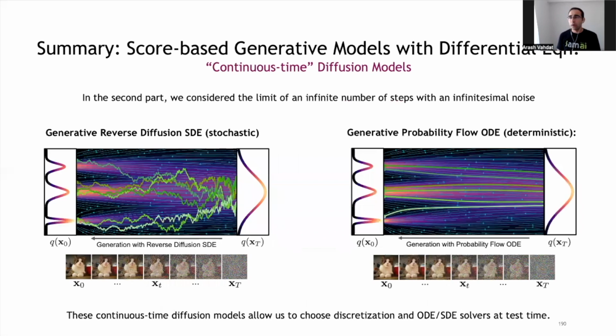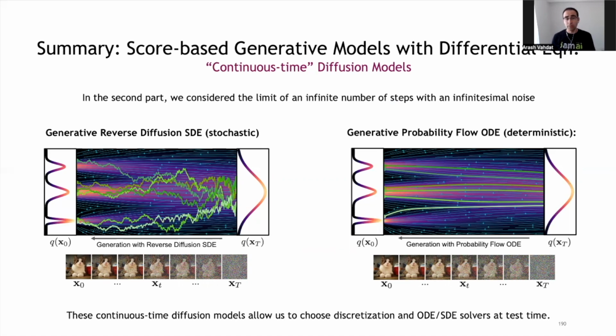In the second part, Karsten talked about score-based generative modeling with differential equations, which corresponds to continuous time diffusion models. Specifically, Karsten talked about how we can consider diffusion models in the limit of an infinite number of steps, and how we can describe these forward and reverse processes using stochastic differential equations, or SDEs.